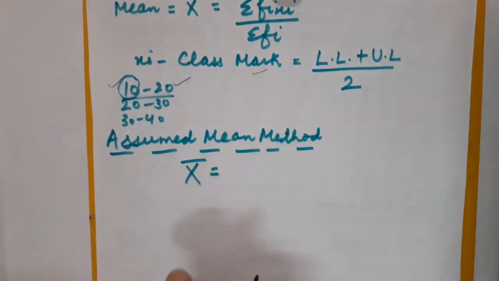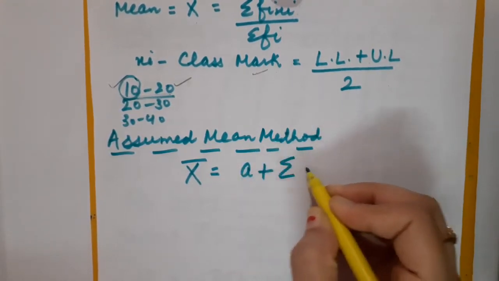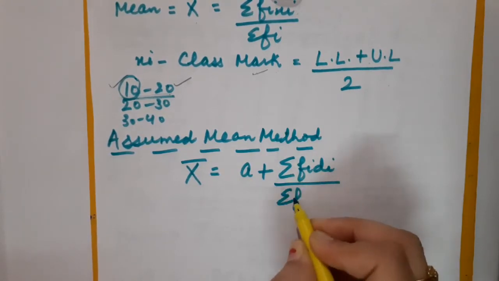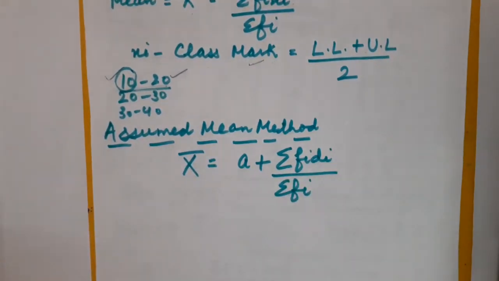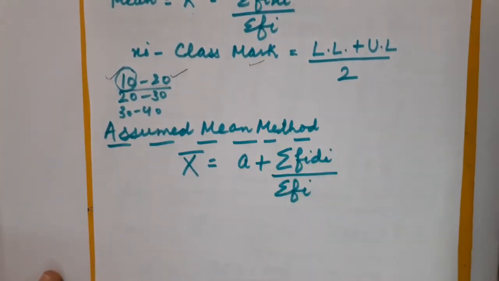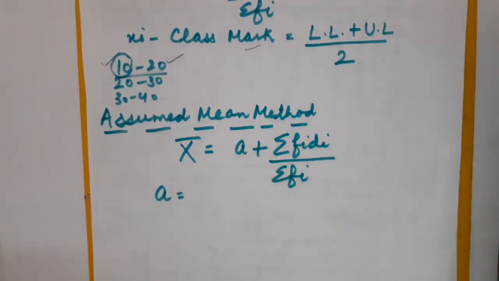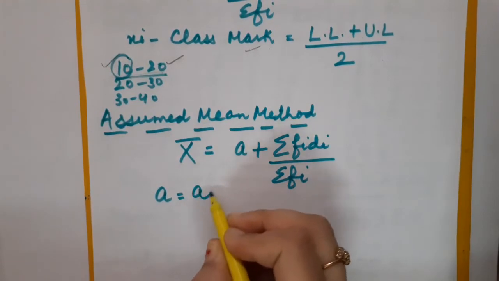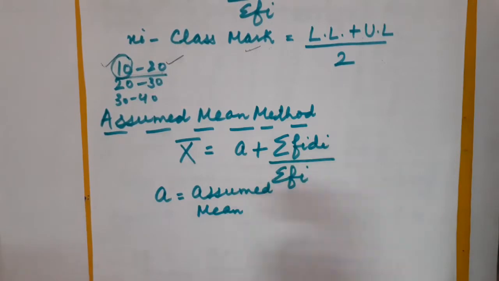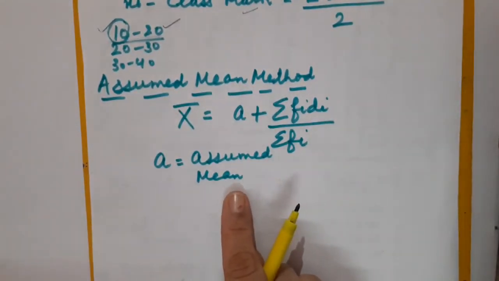You know we represent mean by x bar, that is a plus sigma fi di upon sigma fi. Now the question arises, what is a and what is di here? So let me tell you, a is the assumed mean, and it will be assumed from the complete list of xi, that is class mark.